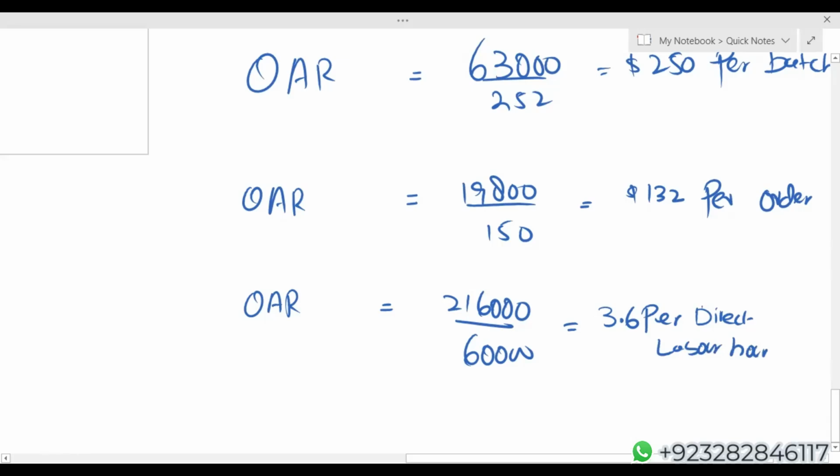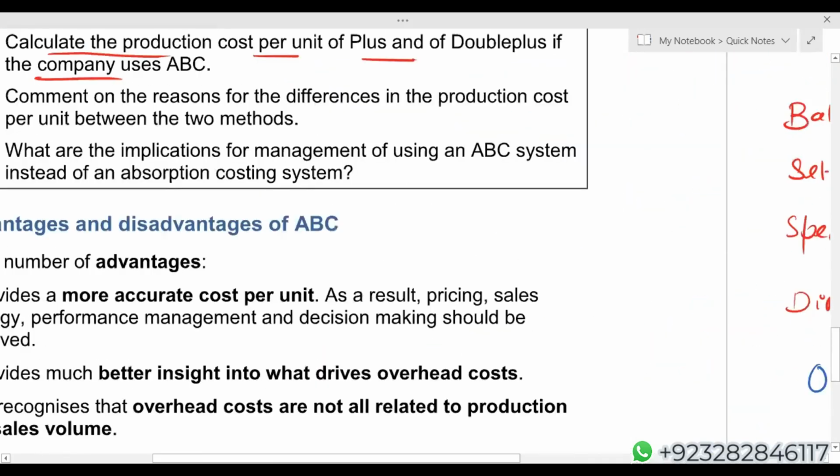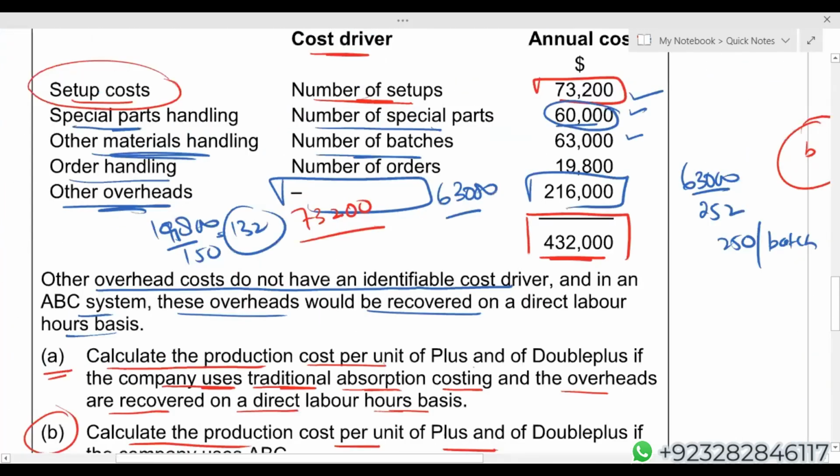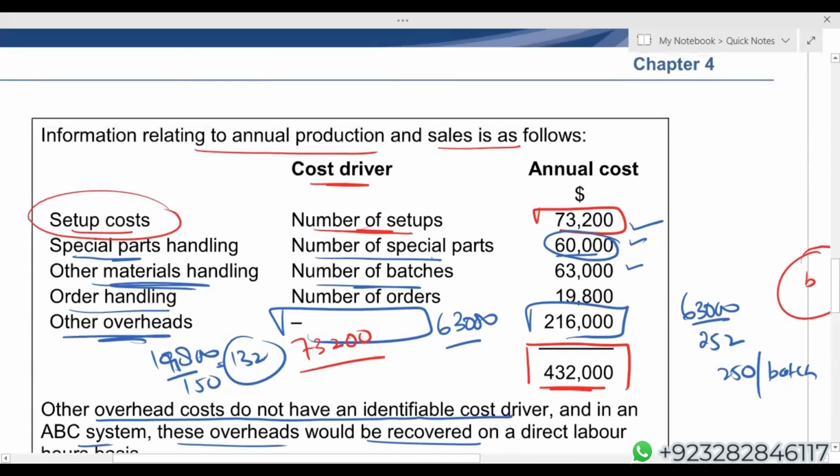Okay. So far, we have just calculated the absorption overhead rate for each activity. Now we have to allocate these overheads to the plus and double plus.